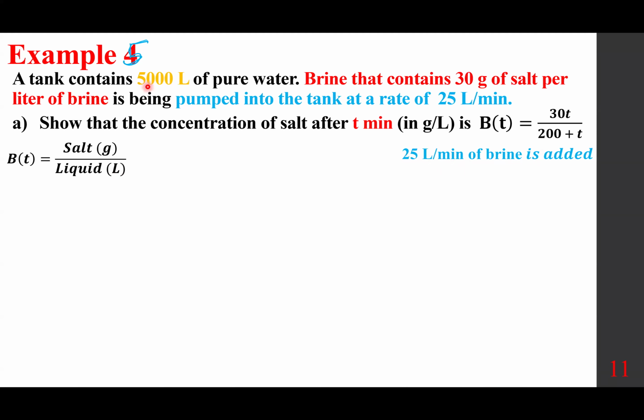After 2 minutes, 50. After 10 minutes, 250 liters of brine is added. After t minutes, 25 times that number, t. So 25 times t liters of brine is added after t minutes.